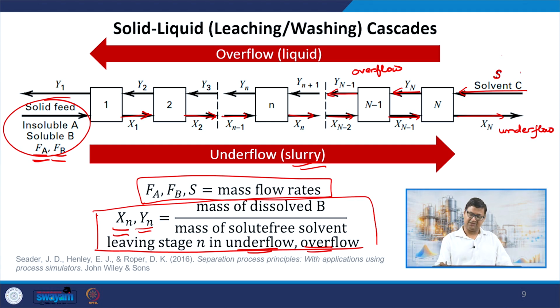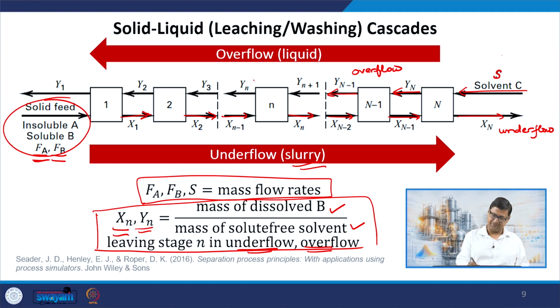So whatever solvent C is coming here, that solvent will actually mix up with some B. So if I look at only the mass of C that is present in the solvent, that's the ratio I am looking at, right? So the mass of dissolved B and mass of the C that is in the solvent in the underflow for the case of X and in the overflow for the case of Y, and it is leaving the stage n, that is my xn.